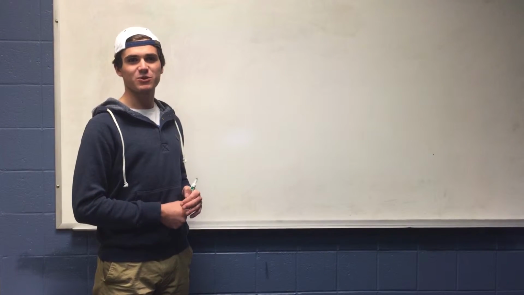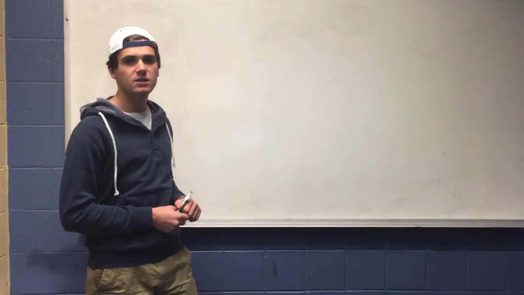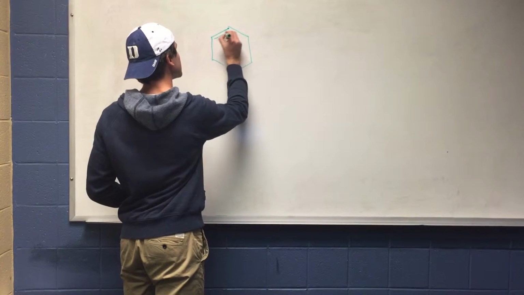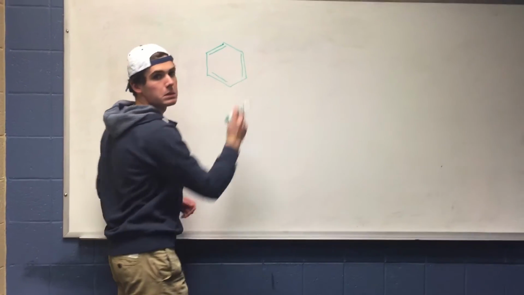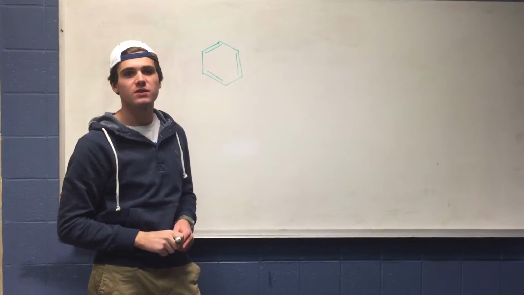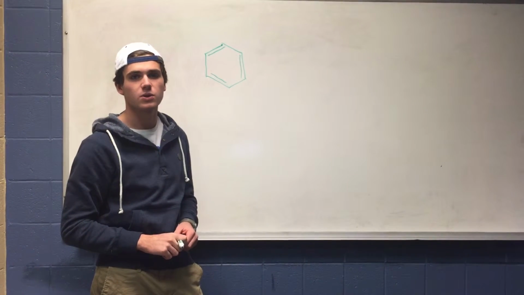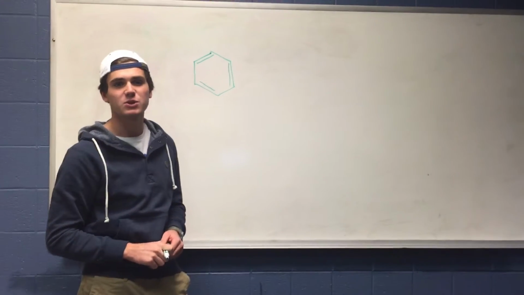Now let's look at some examples to reinforce these ideas. Take a typical benzene ring. Benzene is composed of a 6-carbon cyclic structure that contains conjugated double bonds in a typical Lewis structure. The same compound can be drawn this way.